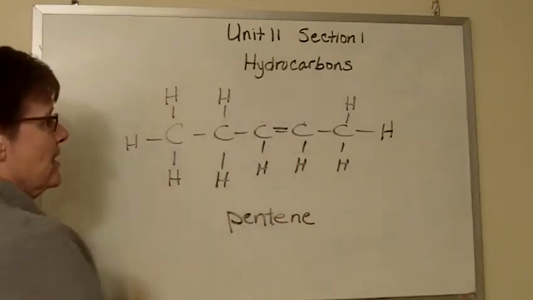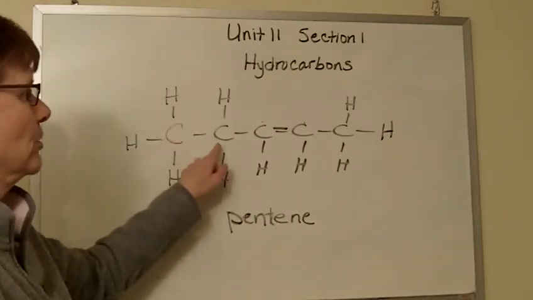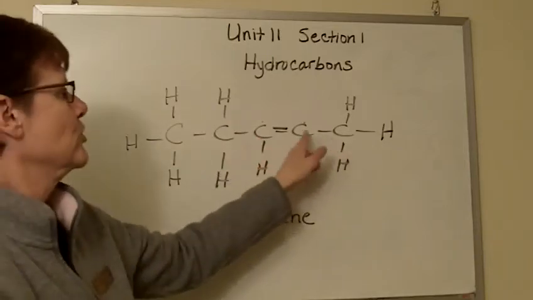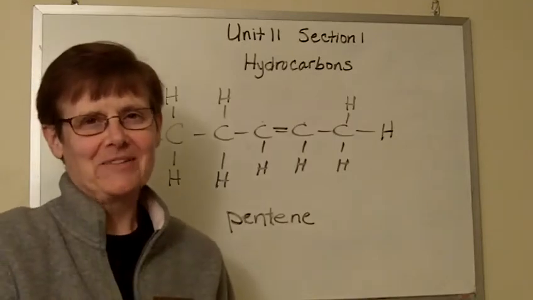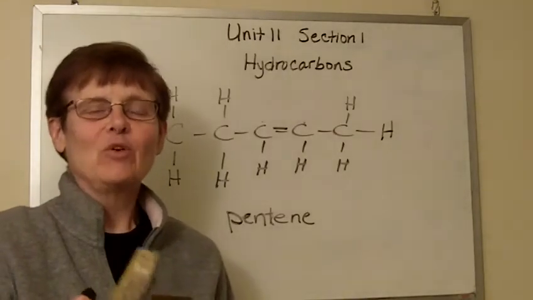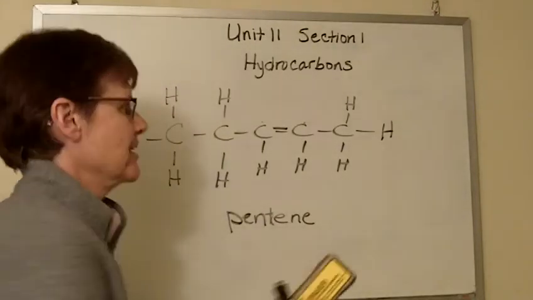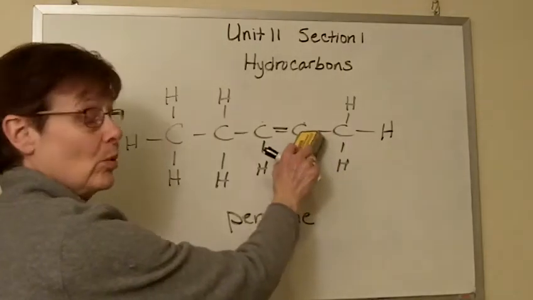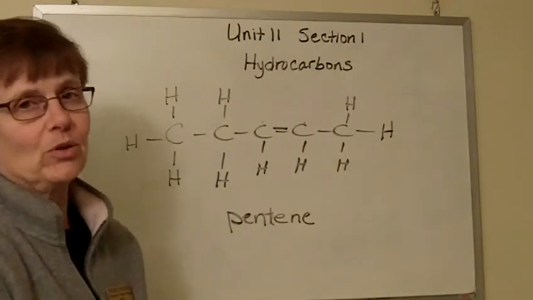However, if you put a double bond here, that's different, because now it's between carbons 1 and 2 instead of between carbons 2 and 3. You always, by the way, start numbering at the end that will give you the smallest number. That's why I started numbering over here. So if I number over here 1, 2, that's going to say that the double bond starts at carbon number 2.